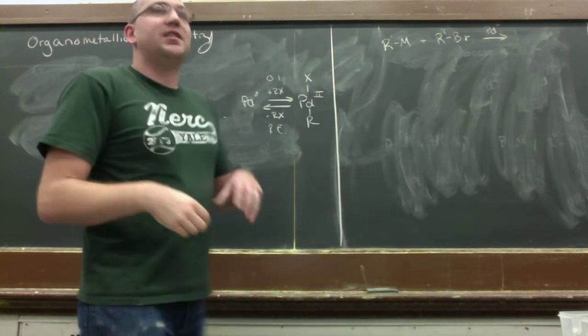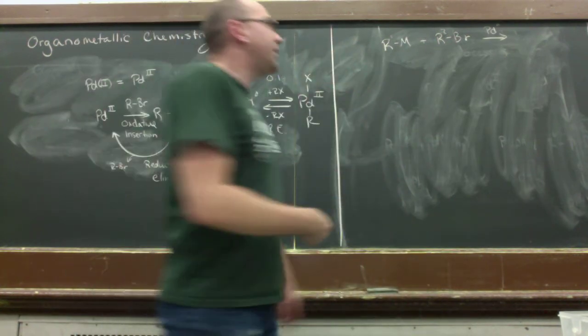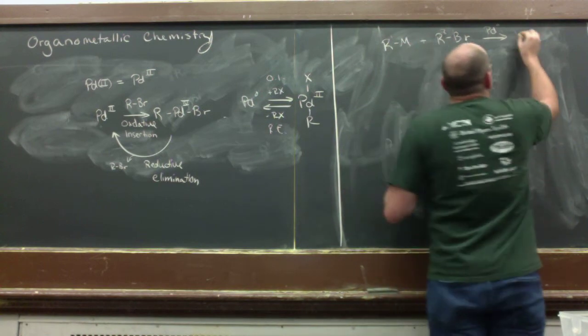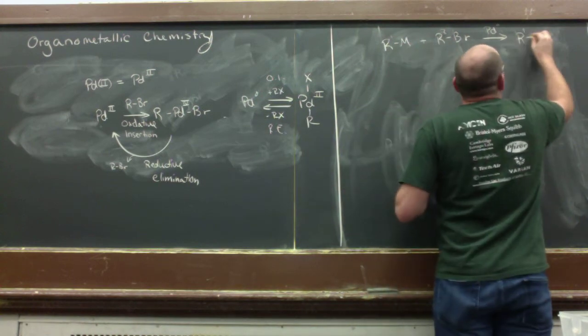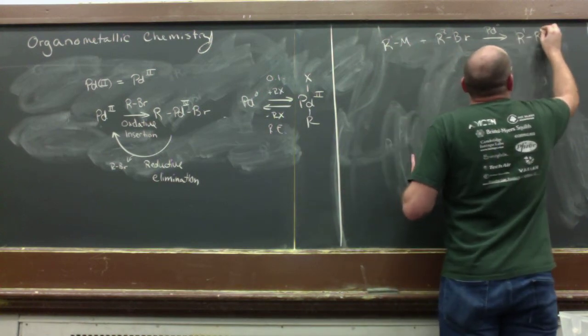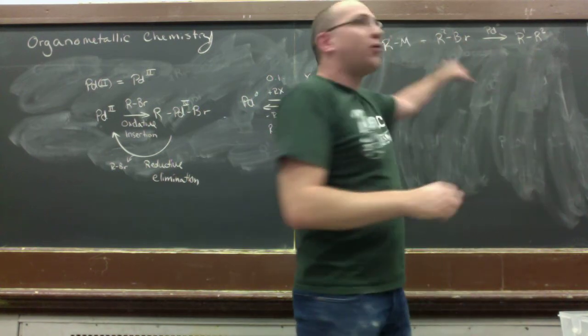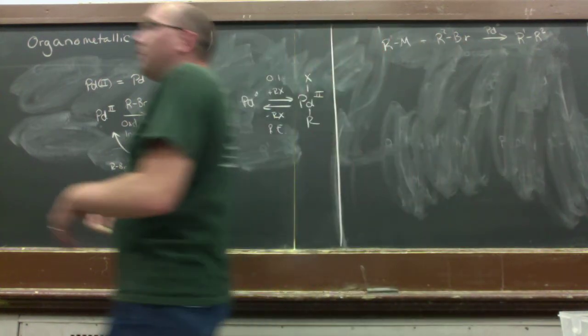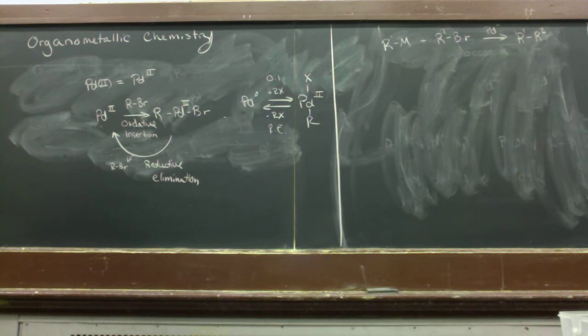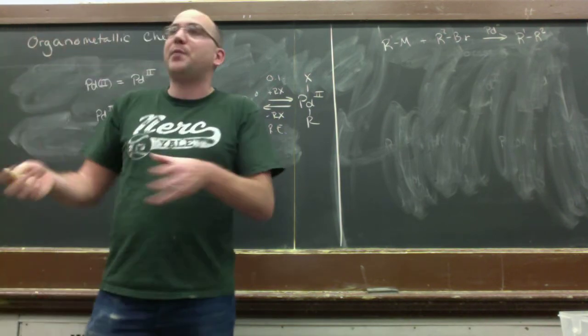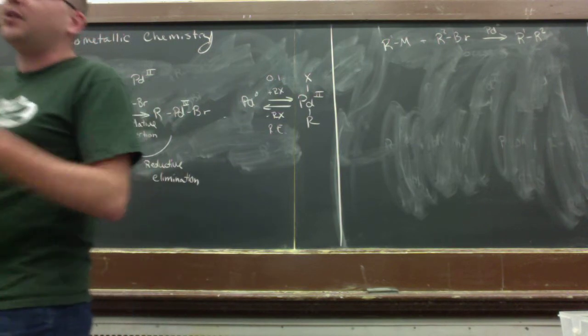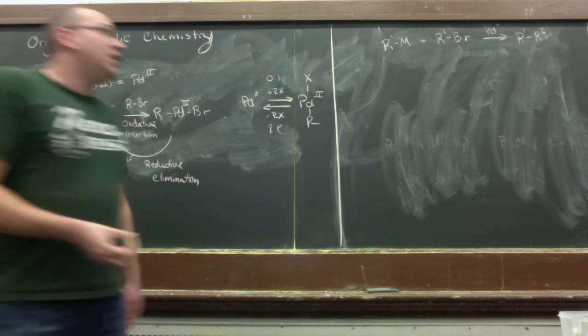What can happen is, it's catalytic, so you keep regenerating palladium-0, but you're going to end up making that carbon-carbon bond. And if you treat the metal and the bromide together, depending upon the metal, sometimes these might react with one another, but the palladium will accelerate that process. Oftentimes the metals that are chosen will not react with one another by themselves. You'll need that palladium in order for it to happen.